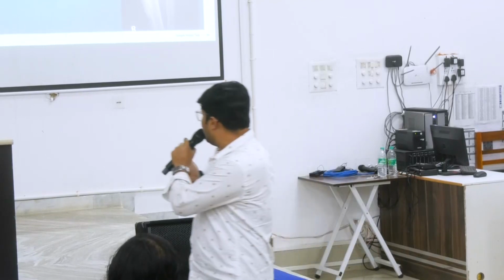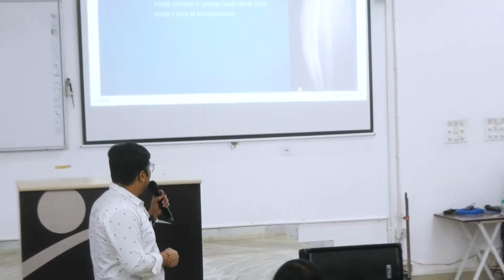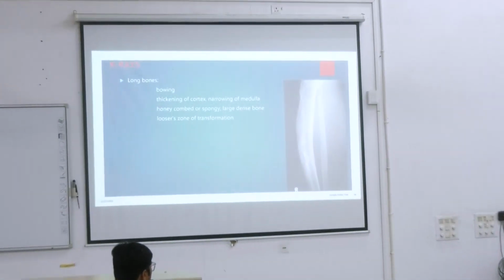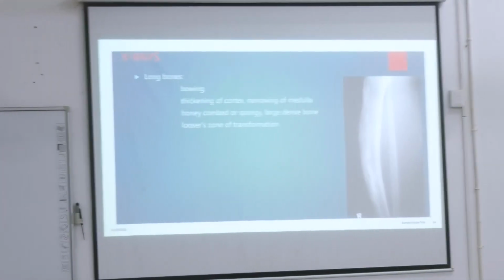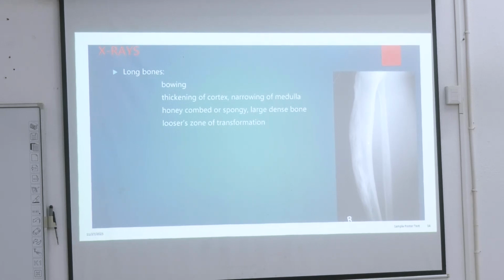Now you can see the radiograph of a long bone. This is a tibia. Okay, you can see the fibula. The patient is affected by Paget disease of bone. We can see that there is cortical thickening, okay? This is cortex and this is medulla.